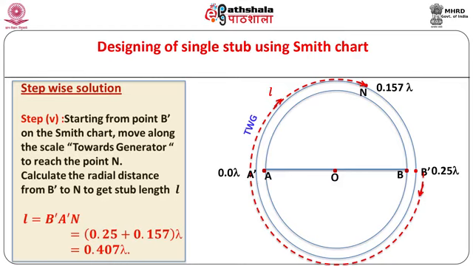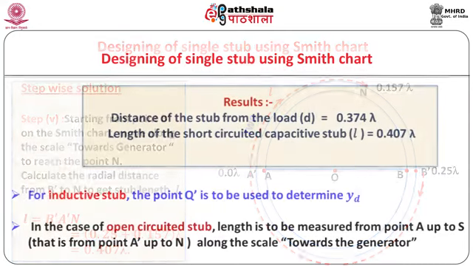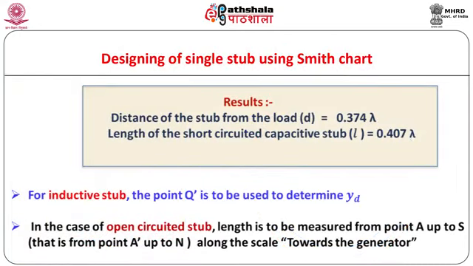In the problem under consideration, we have L is equal to B dash AS, which is equal to 0.407 lambda. Thus, finally, we have the required values as shown.